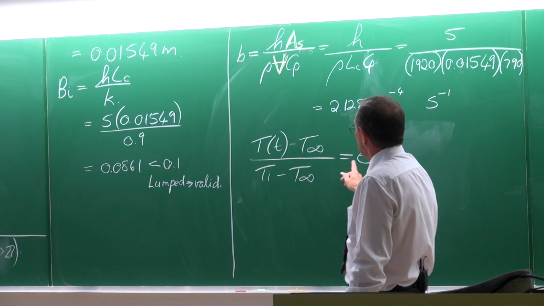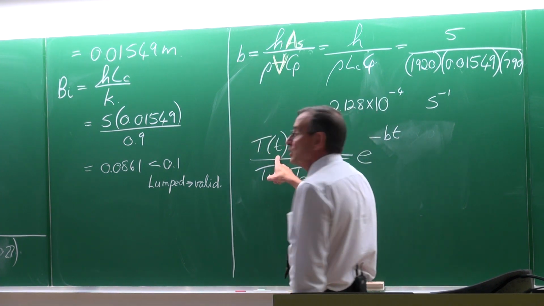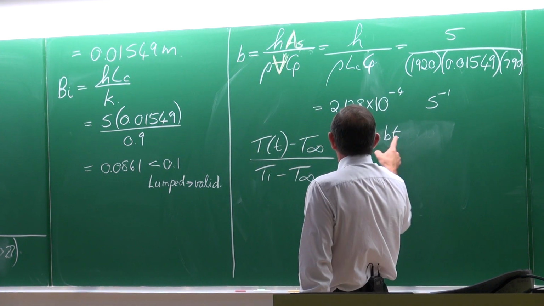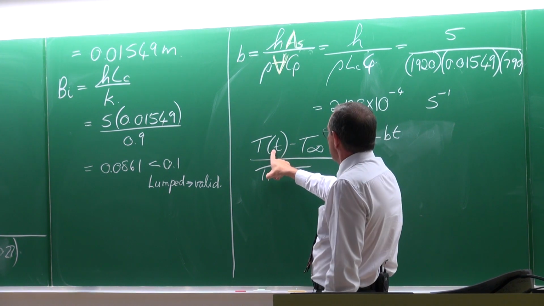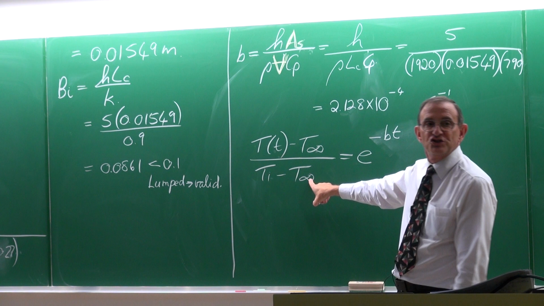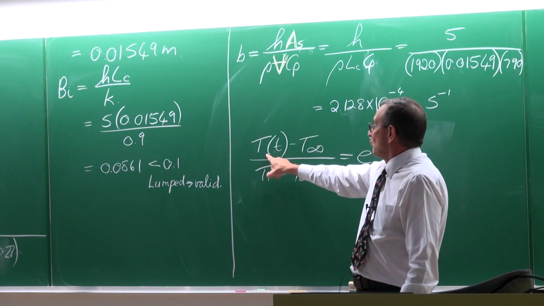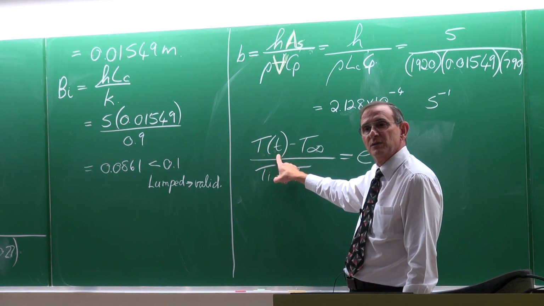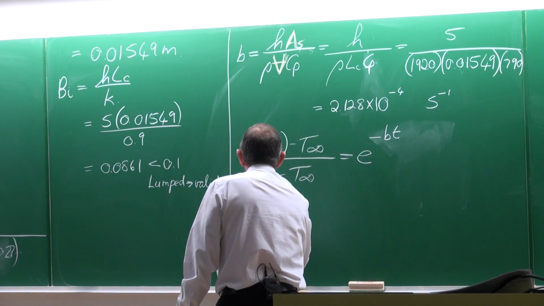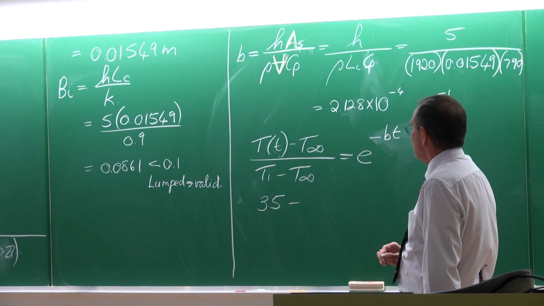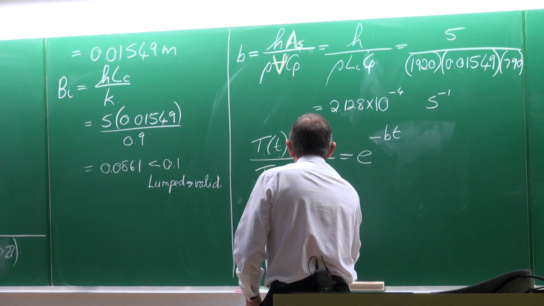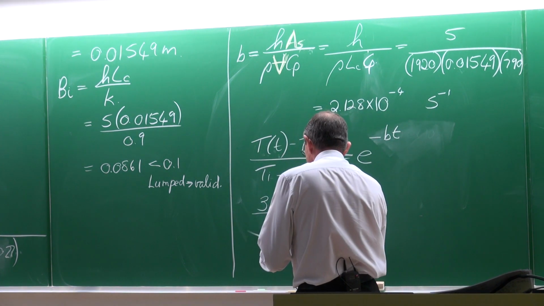Okay, now let's put in the temperatures. We want to know how long it is going to take for the temperature to reach 35. Take note, those three are the constants. The only one that changes as a function of time is this temperature there. So we want to know how long will it take to reach a temperature of 35. The environment is at a temperature of 30.